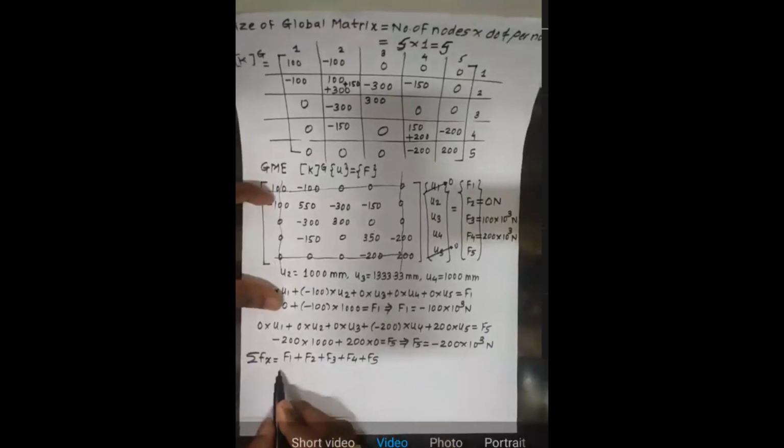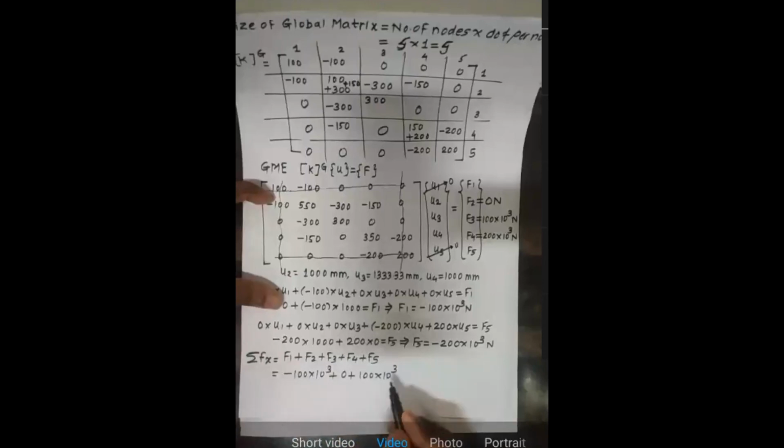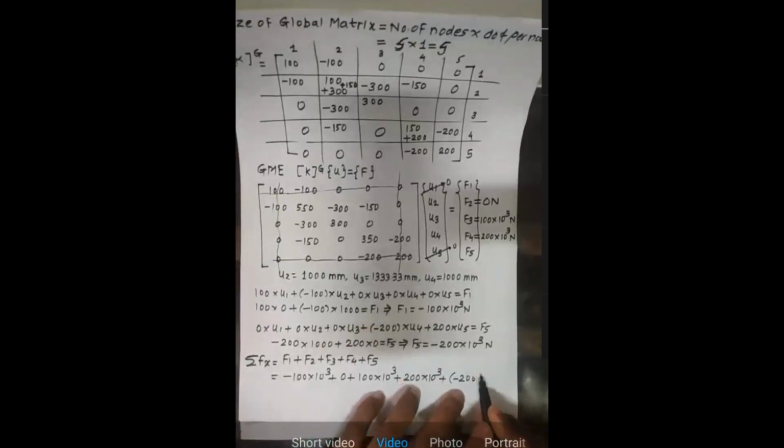F1 is minus 100 into 10 to the power 3, plus F2 is 0, plus F3 is 100 into 10 to the power 3, plus F4 is 200 into 10 to the power 3, plus F5 is minus 200 into 10 to the power 3.